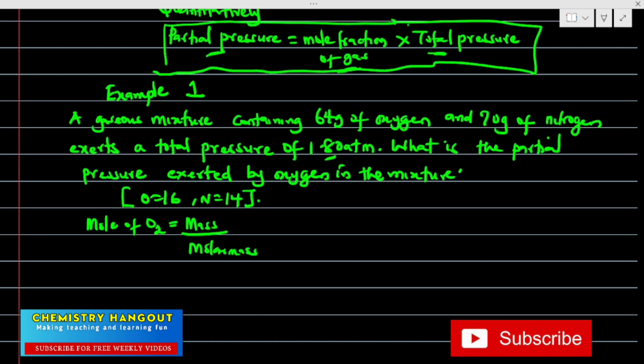So from here now, the mass of oxygen is given in the question to be 64, over the molar mass of oxygen gas. They've given us 16 already, so that will be 16 times 2. I want to believe this is clear. So from there, we are going to have 64 over 32. 16 times 2 is 32. So our mole of oxygen, if we divide 64 by 32, is going to give us 2.0 mole.